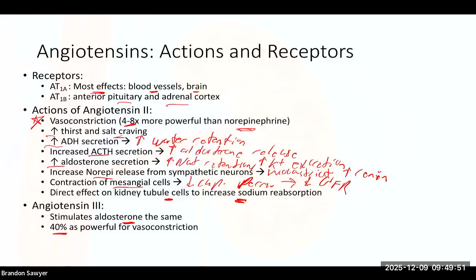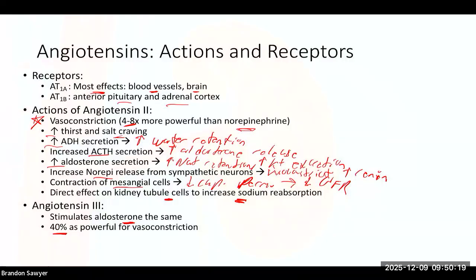It's a vasoconstrictor, and that's really important. That's its strongest mechanism. It causes us to be thirsty and to want more salt as well. It causes some ADH secretion and ACTH secretion, which leads to aldosterone release. It causes aldosterone secretion directly at the adrenal cortex, which leads to sodium reabsorption and potassium excretion.